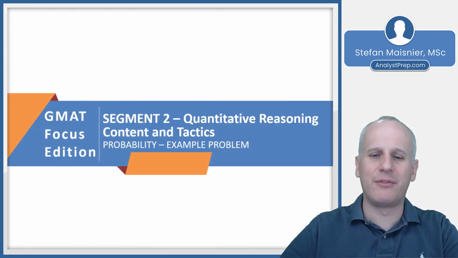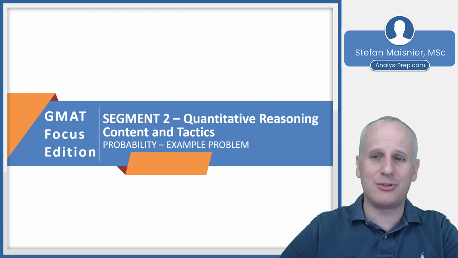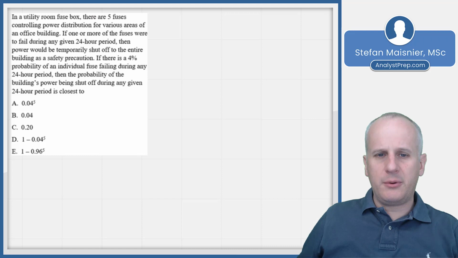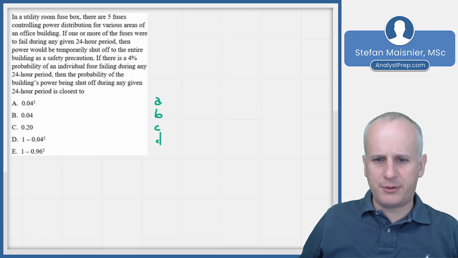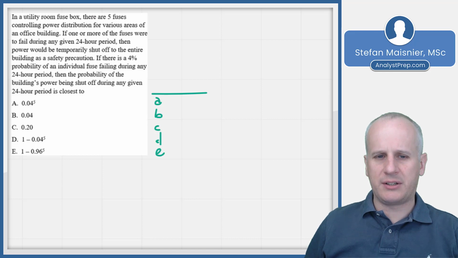So let's head on over to the whiteboard and take a look at how one of these problems can be solved using your scratch work as you engage with the GMAT Focus. Here we have a sample problem solving question. We're going to set up our scratch work as we do every time. We've got A through E with a little line over top for what the question is asking. You can decide on your own whether you want to write out these short little expressions, the decimal and exponent articulations of the numbers.